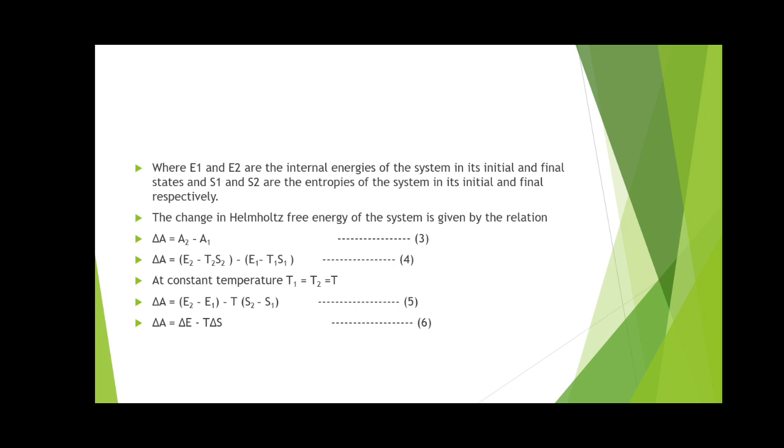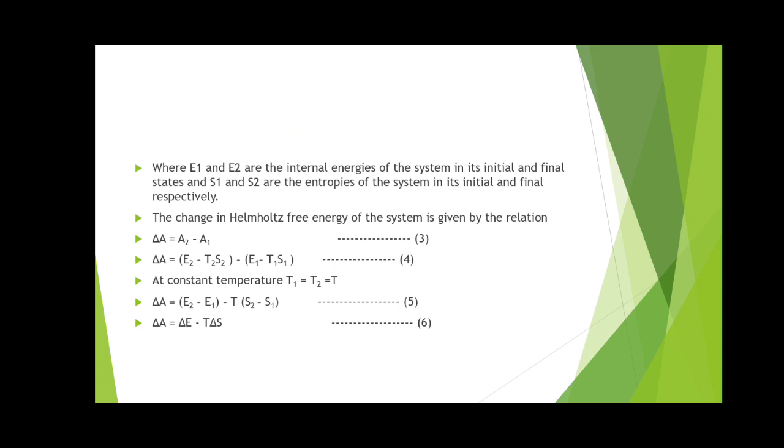At constant temperature, T1 = T2 = T. If the temperature is constant, then the above equation can be written as delta A = (E2 - E1) - T(S2 - S1), where T is common. So you will get equation number 5.